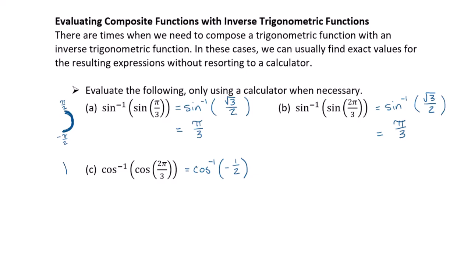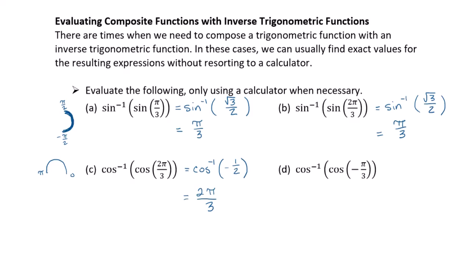Remember, the inverse cosine is going to pull from angles between 0 and pi. So at what angle between 0 and pi is the cosine a negative 1/2? That's going to be at 2 pi over 3.